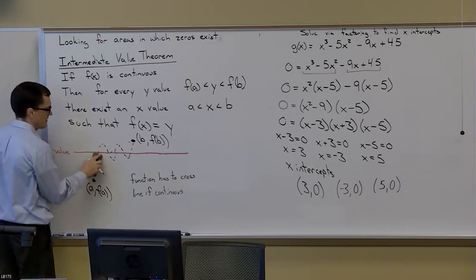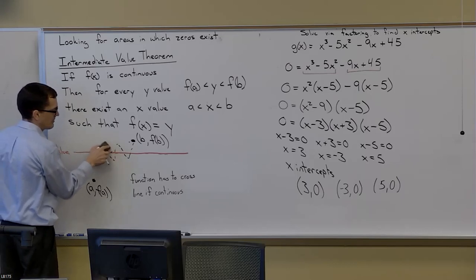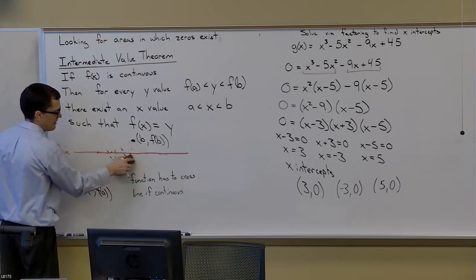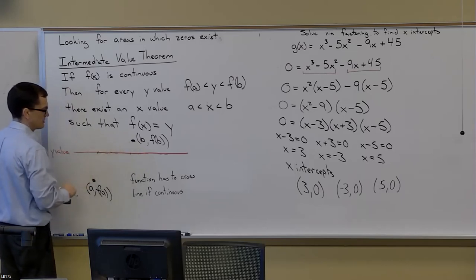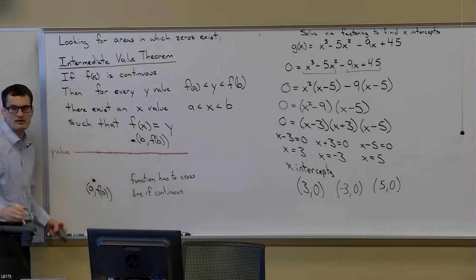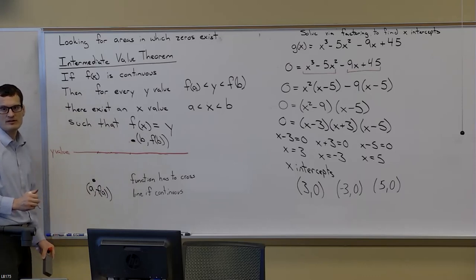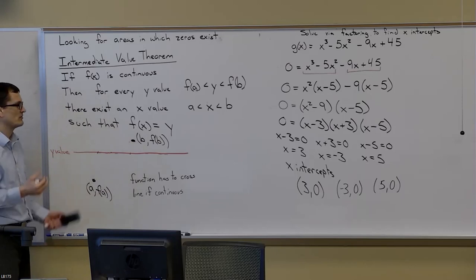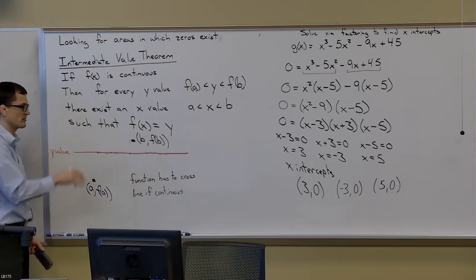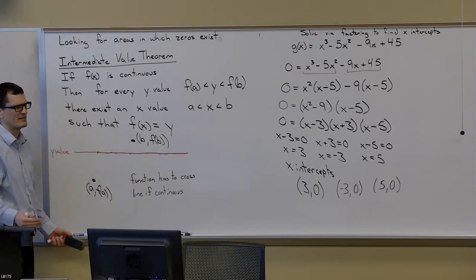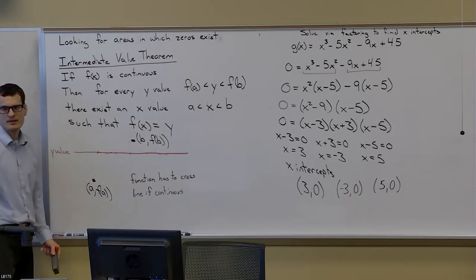As long as it's continuous, it's got to cross the line. You can't jump. You have to draw it without lifting your pen, your pencil. And it is a function, so we can't go back and forth, go around the line or do anything weird like that. So if we have a continuous function, it has to cross this horizontal line.